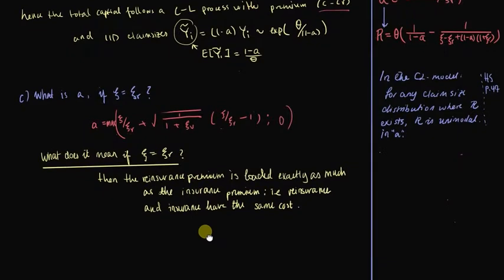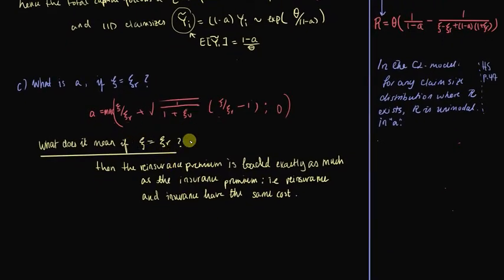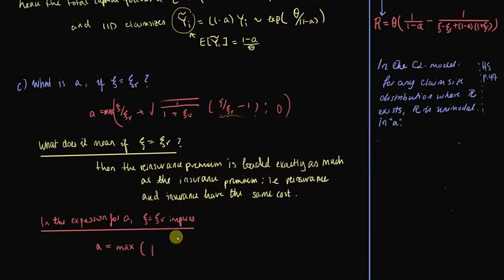And what happens in this expression for A if xi is equal to xi r? So in the expression for A, we have that xi equal to xi r implies that A is then equal to the maximum of xi over xi r, which is just 1, plus 0, because this term will then just evaluate to 0.